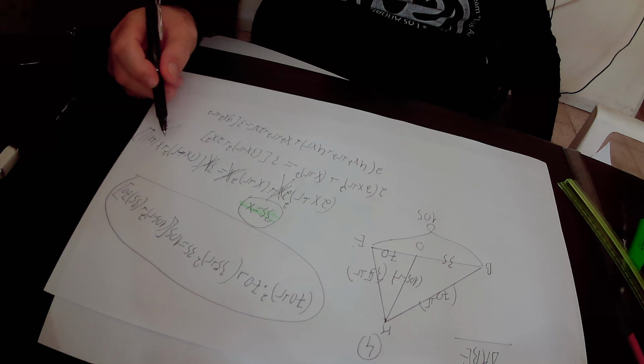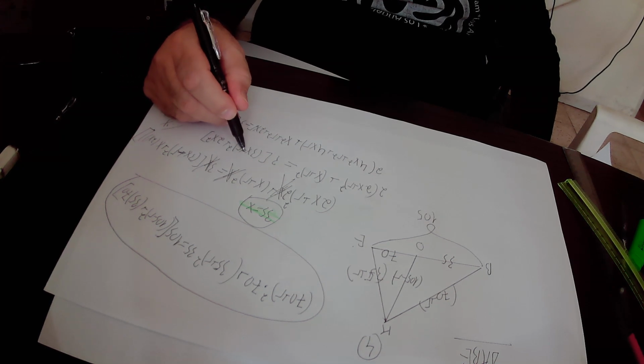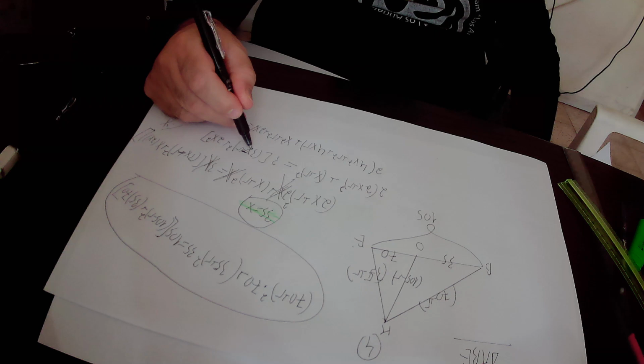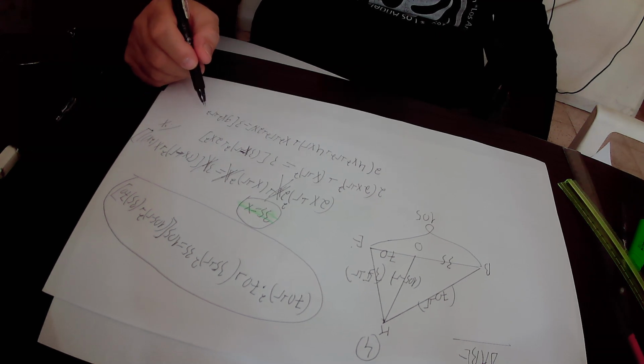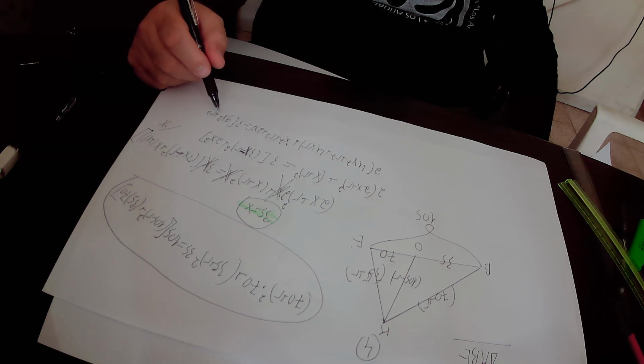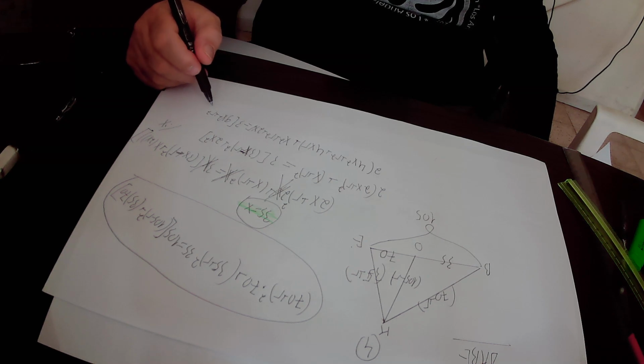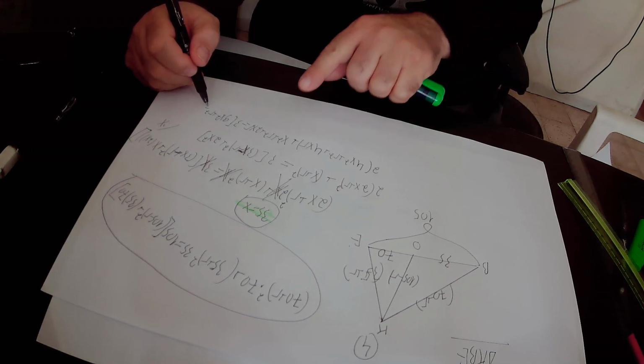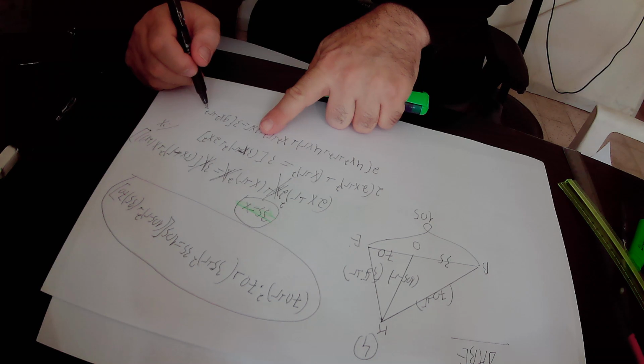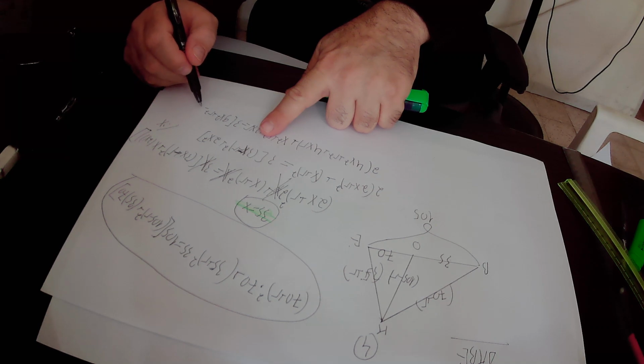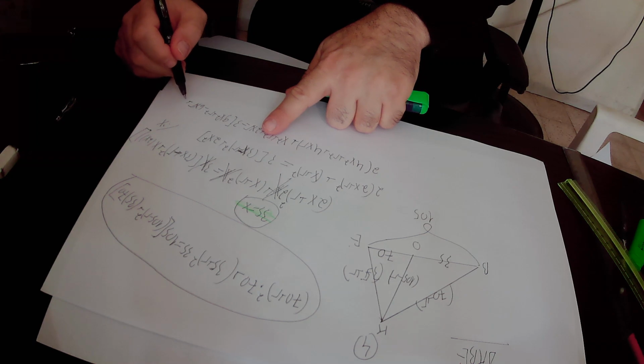Then 3x minus r squared equals 3x squared, that is 9x squared, plus r squared minus 2 times 3x times r. 2 times 3 is 6, so in total it will be minus 6xr, plus 2x squared.